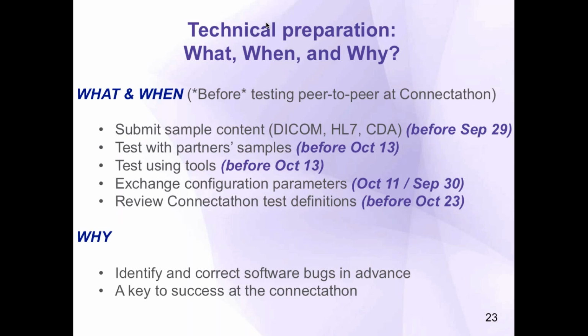So if you are a creator, if you are a device that creates DICOM images, we will ask you to provide samples of those in advance. We collect those on the AAOFTP site. Those who store those samples get a chance to test with those in advance. If you provide HL7 messages, you can also provide samples of those in advance.